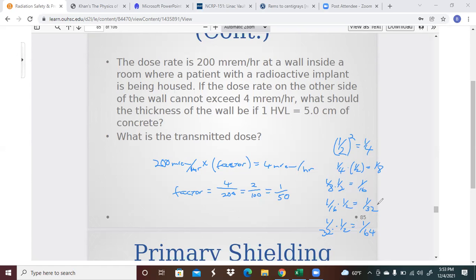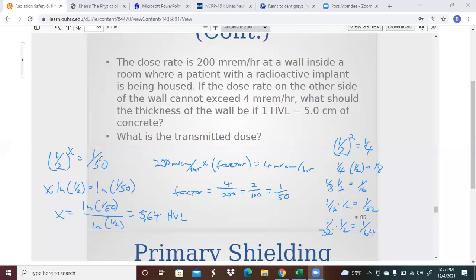So we're looking at somewhere between 5 and 6 times whatever this particular value happens to be. If you look over here, you can see how I arrived at how many half value layers we're going to end up needing.